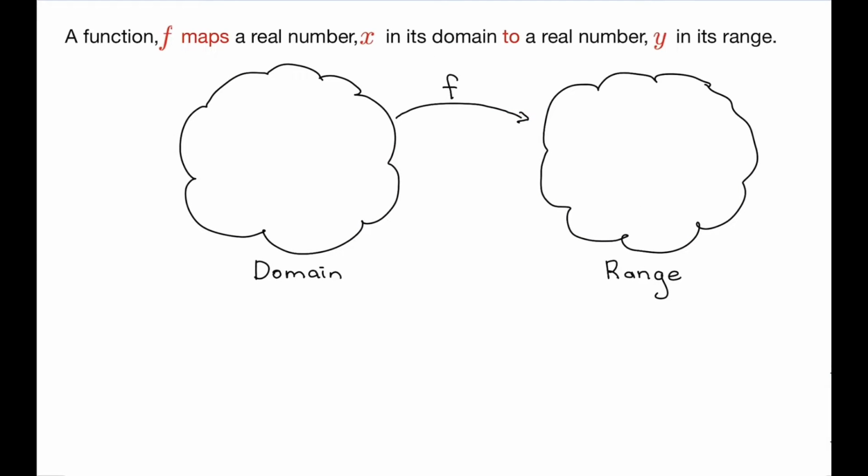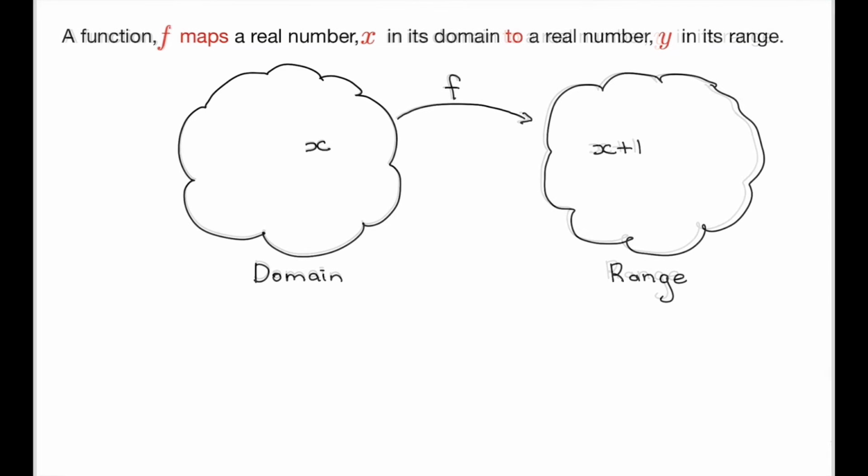This function has been taking any number we give it in the domain and mapping it to one more than that number in the range. Using the notation that numbers in the range are thought of as y values, we could write the rule for this function as y equals x plus 1.